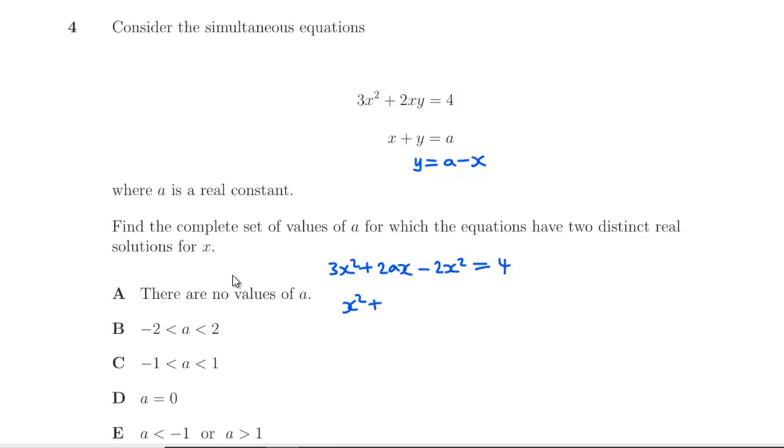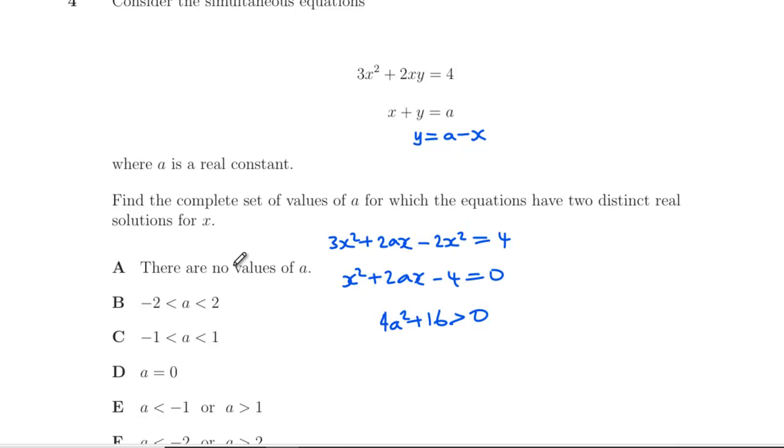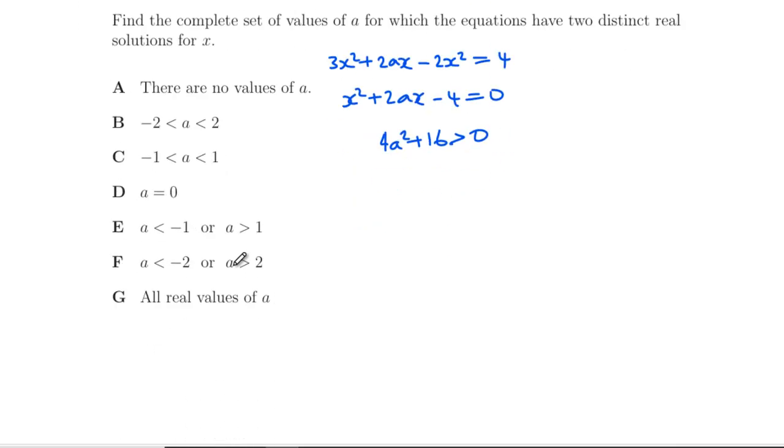X squared plus 2ax minus 4 is 0. And we want two distinct real solutions. So 4a squared plus 16 greater than 0. Well, that's not hard to achieve. That'd be everything, wouldn't it? So all values of a, G.